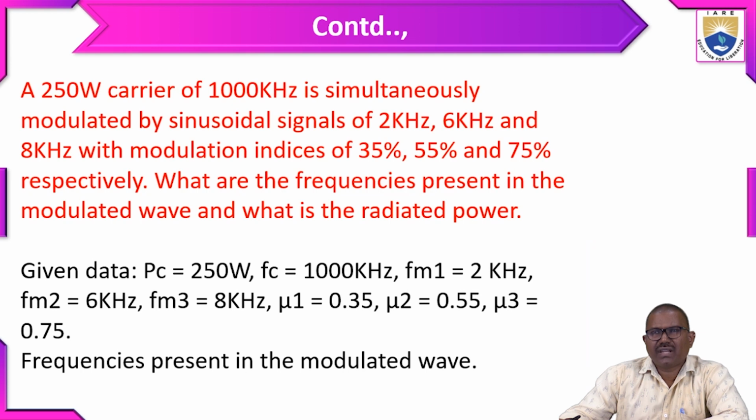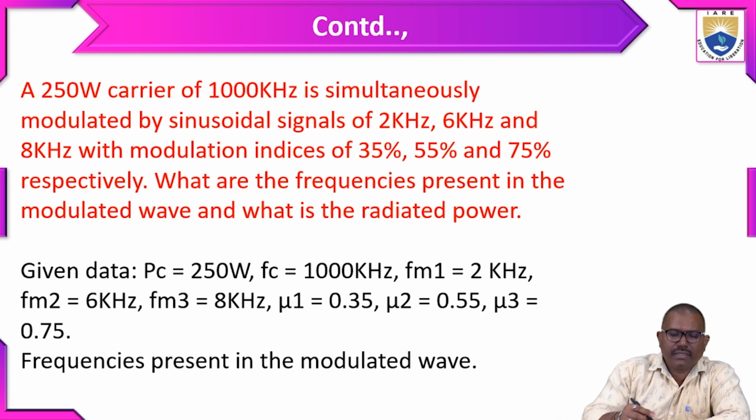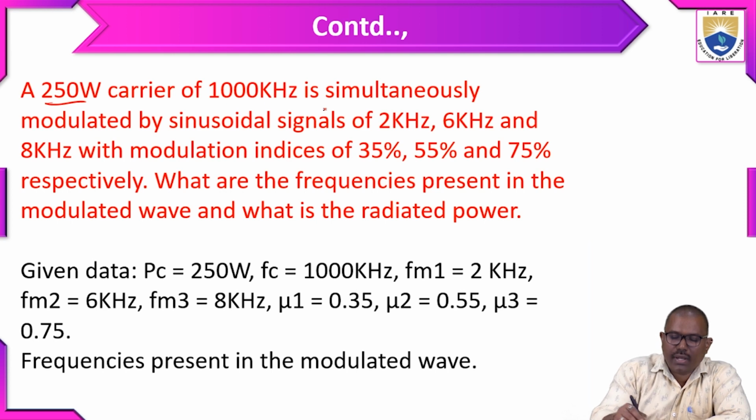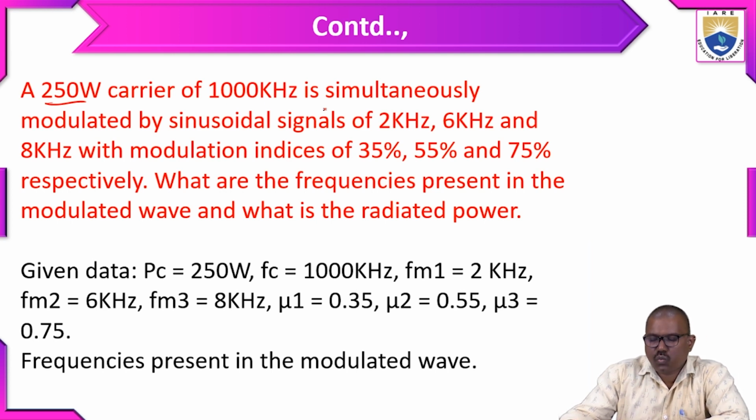By the given data, PC is given as 250 watt. Here they mention a 250 watt carrier, so that is carrier power PC, and FC is 1000 kilohertz, which is nothing but 1 mega.